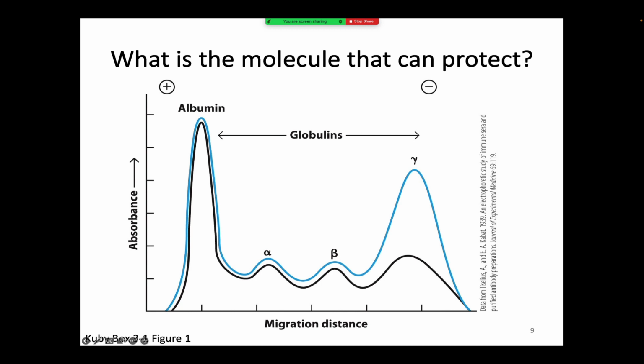The first thing that they did was they treated it with protease, or lipase, or glycosidase, or nuclease, to see, is it a protein, is it a lipid, is it a nucleic acid, is it a carbohydrate? And they figured out it was a protein pretty quick.